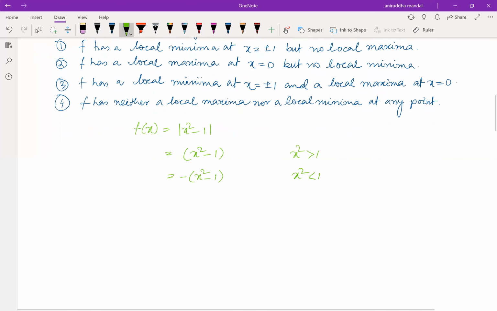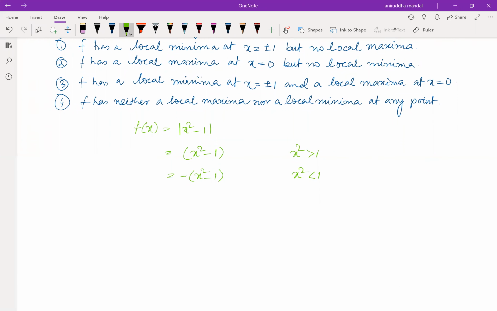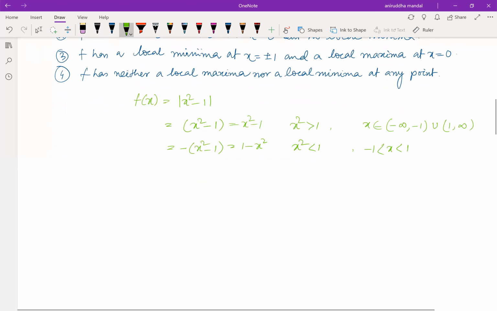So the function becomes x square minus 1 for x belonging to minus infinity to minus 1 union 1 to infinity, and 1 minus x square for x lying between minus 1 and 1. We have defined the function. Now we have to differentiate.